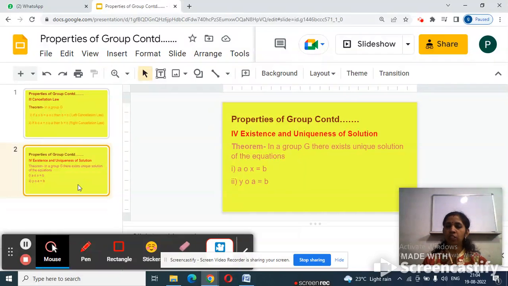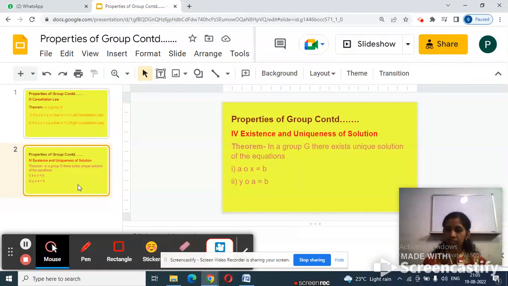Now by the definition of group, we know that if A belongs to G, then A inverse belongs to G, and B is an element of G. So A inverse operation B by closure law is also a member of G. So x is equal to A inverse operation B is a solution of the given equation.